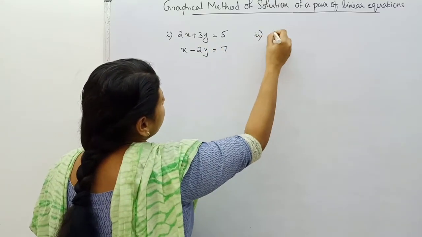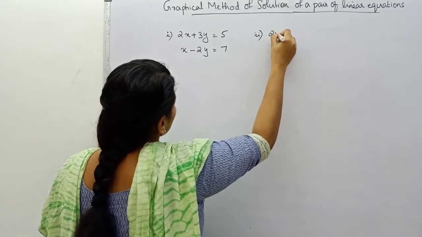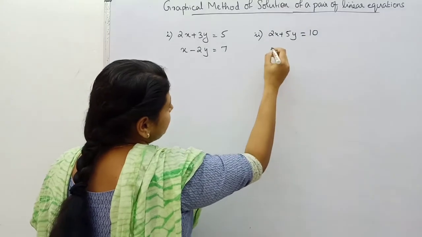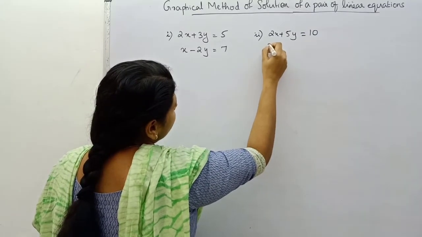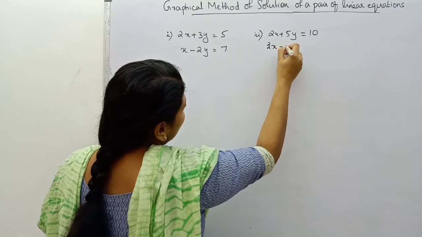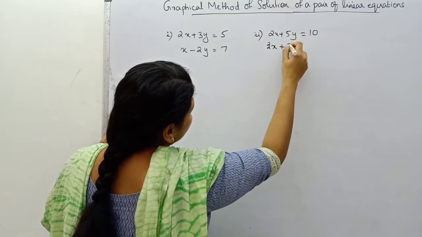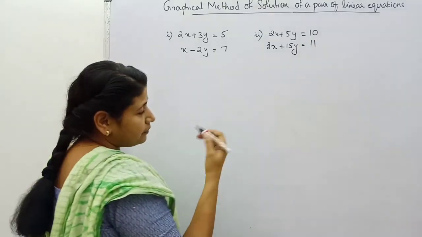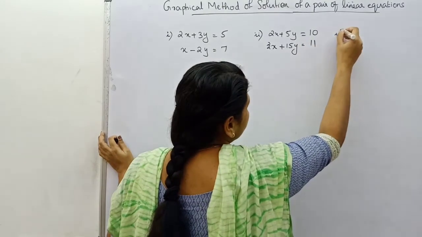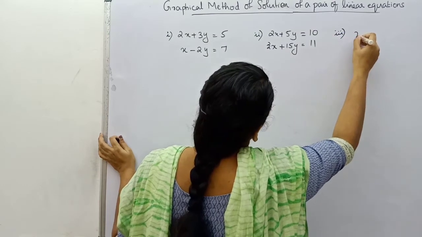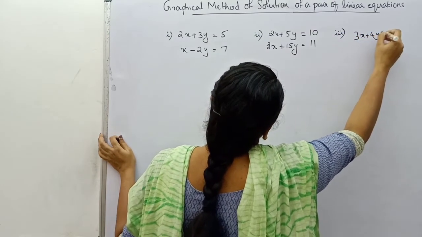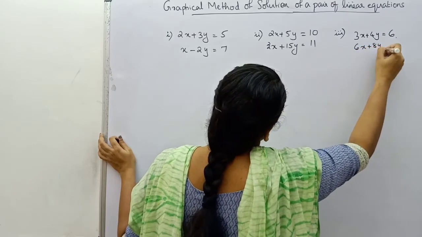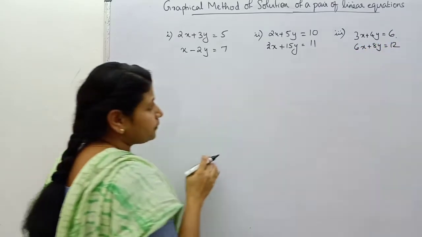Next one, 2x plus 5y equal to 10 and 3x plus 15y equal to 11. And one more, 3x plus 4y equal to 6 and 6x plus 8y equal to 12.